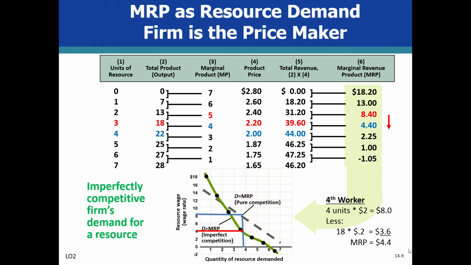If I need to sell those additional units to reach 22, I now need to sell all 22 not at the price of $2.20, but at $2. I need to sell all those 22 units at $2.